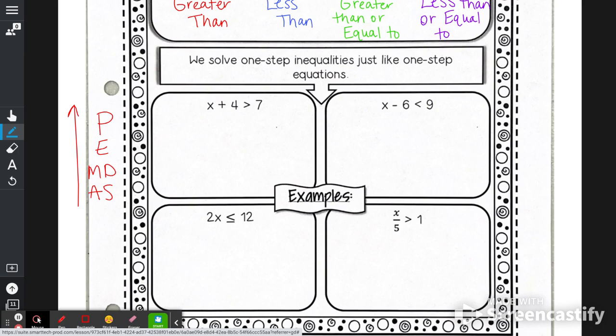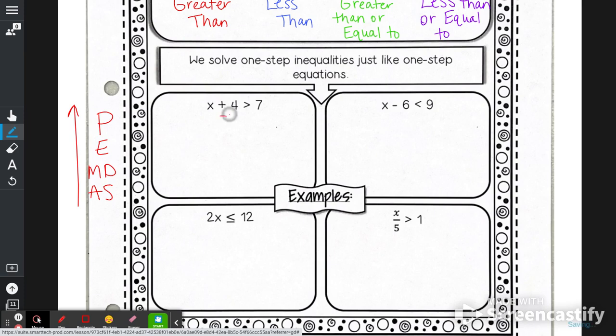If we're going to do something to one side, we're going to add or subtract. We can't leave it out of balance, right? So then we have to do it to the other side as well. So to get rid of this plus 4 or this positive 4, how do we get rid of it? What do we need to do? Add a negative 4. Subtract 4 or add a negative 4.